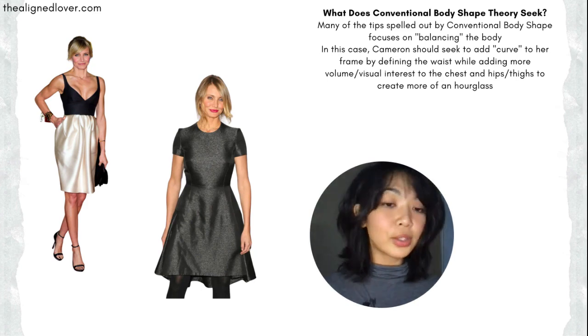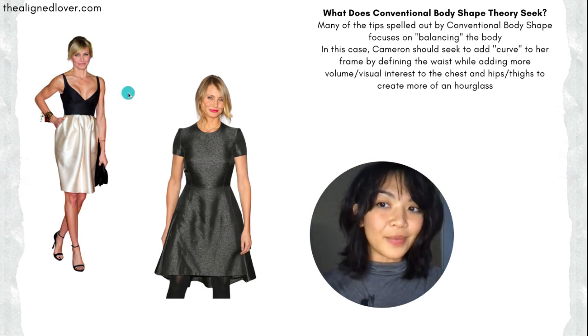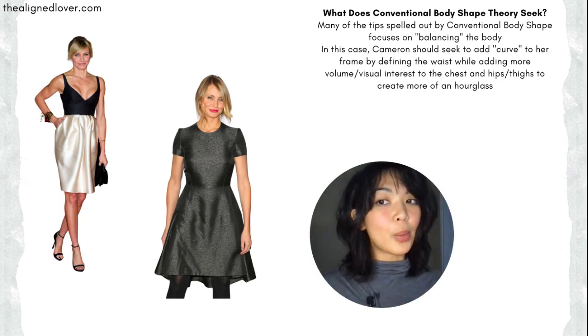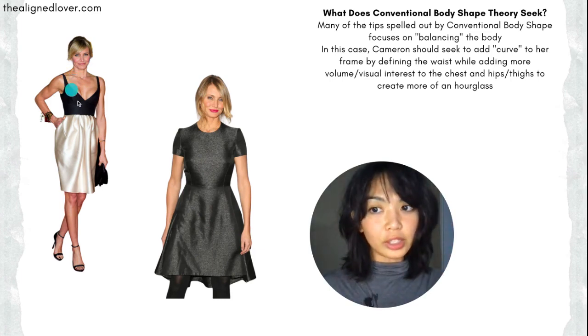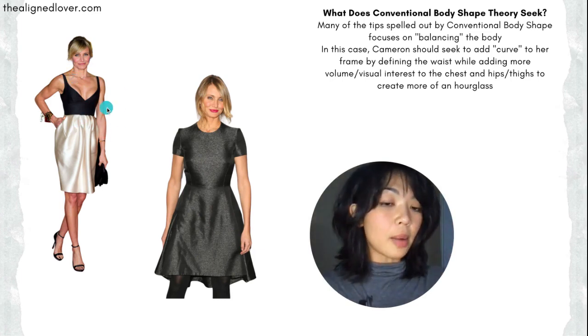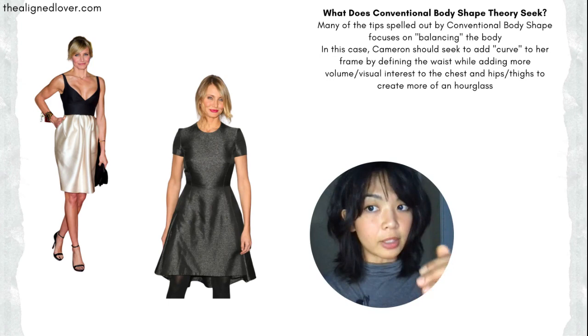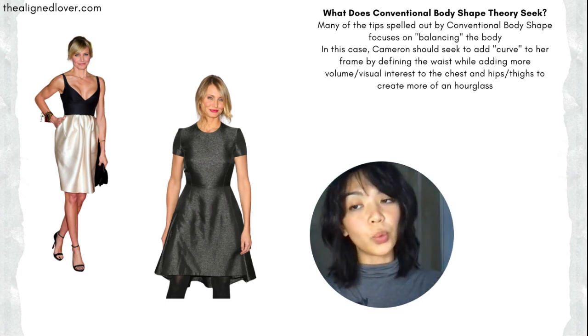So for these two examples here, this is a good example of the push-up bra being used to create more curve in hopes of creating more of that hourglass shape. The top and bottom being such a high contrast color combination seeks to create segments between top and bottom to break up the line and create more of a waist.